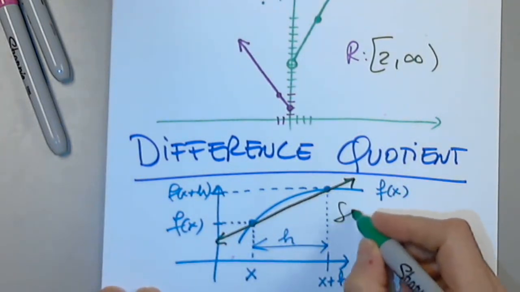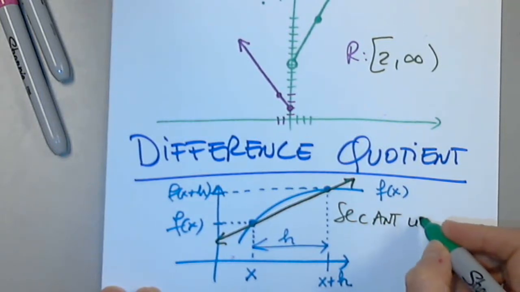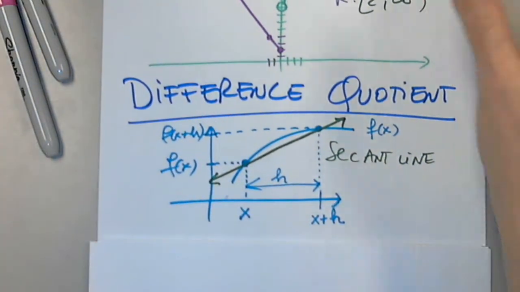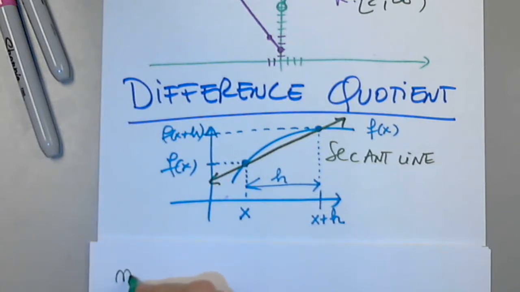It's called the secant line. The line, but not the trig secant. It's just a line that crosses the graph. It's a different type. Okay, so I would like you to give me the slope of the secant line.